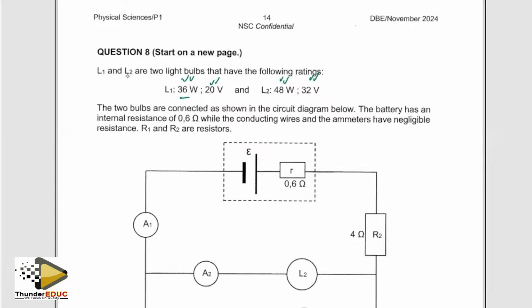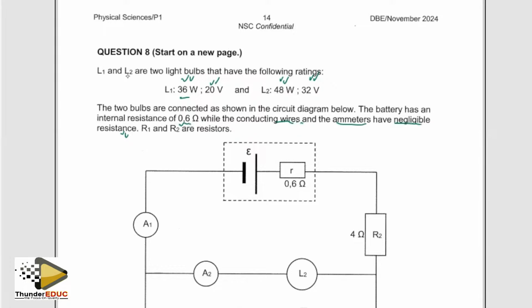The two bulbs are connected in the circuit diagram below, and then the battery has an internal resistance of 0.6, while the conducting wires and ammeters have negligible resistance. It's only the ammeters and the wires whose resistance we can consider. R1 and R2 are resistors, just as the question states.